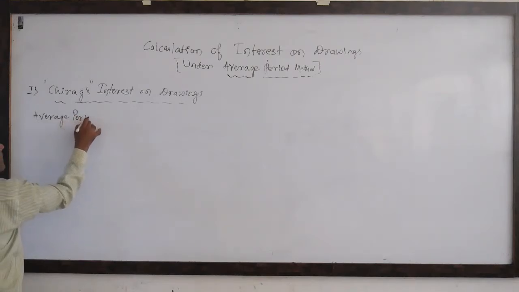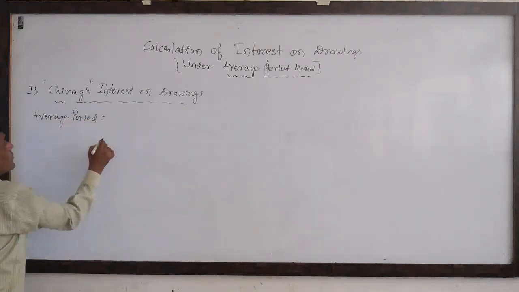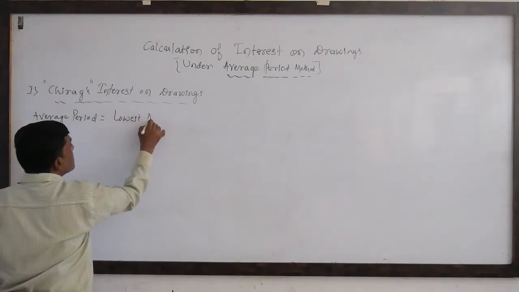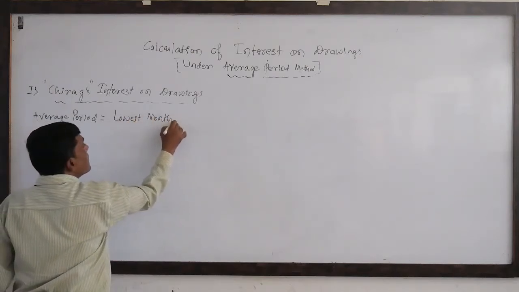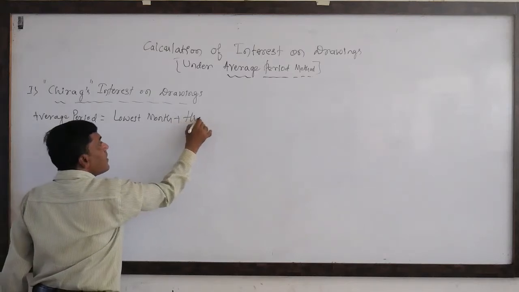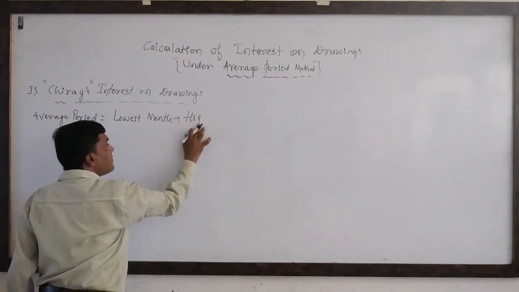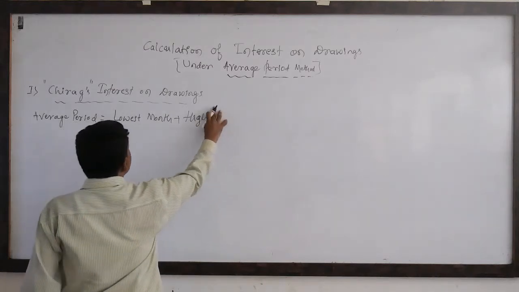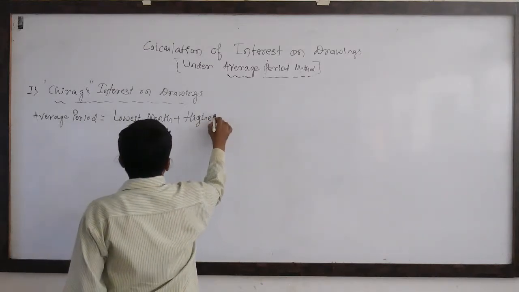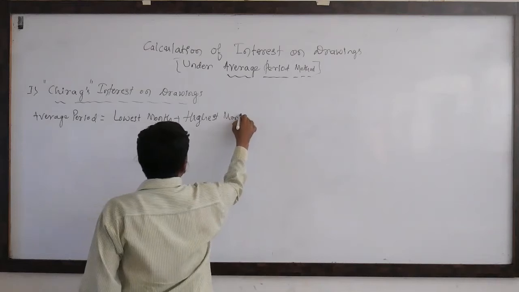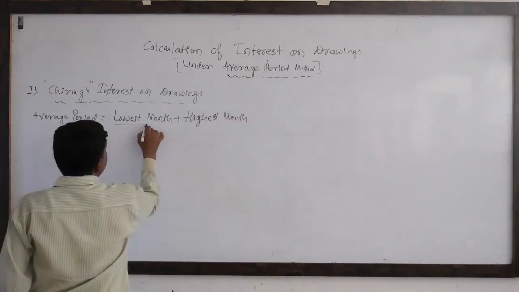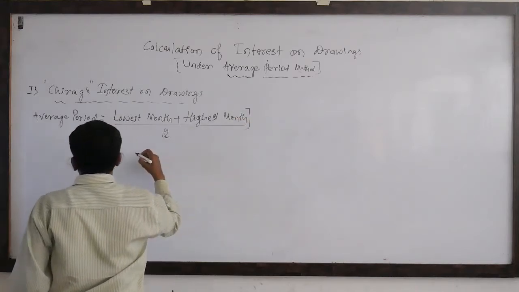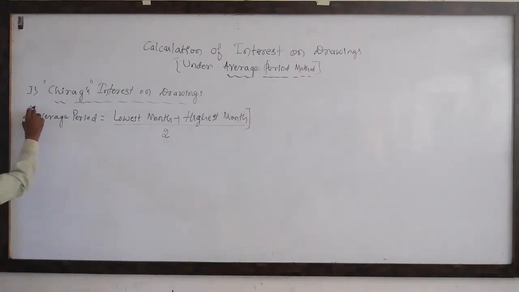Average period is equal to, as you know, lowest month plus highest month, whole divided by 2. It is the equation for calculation of average period.